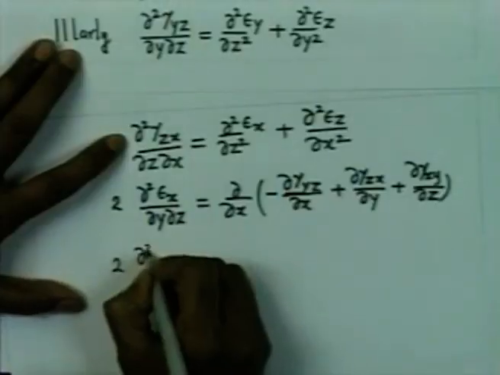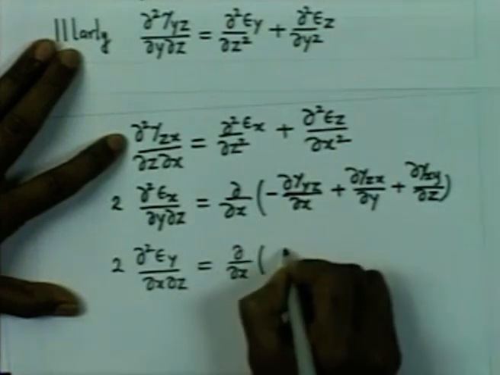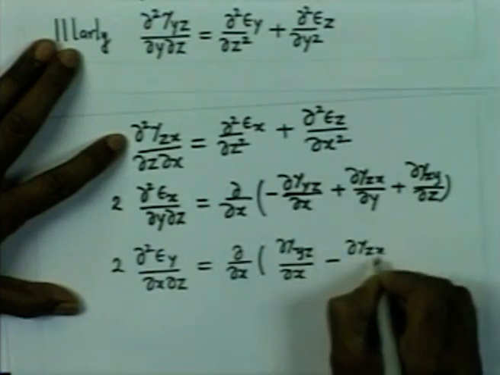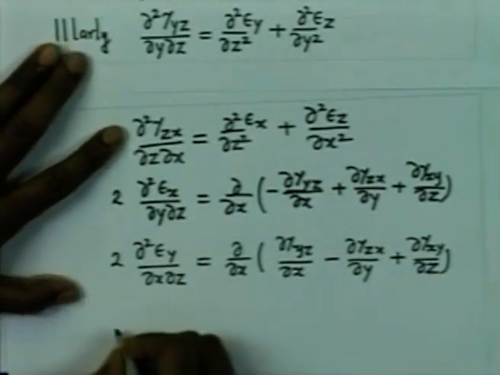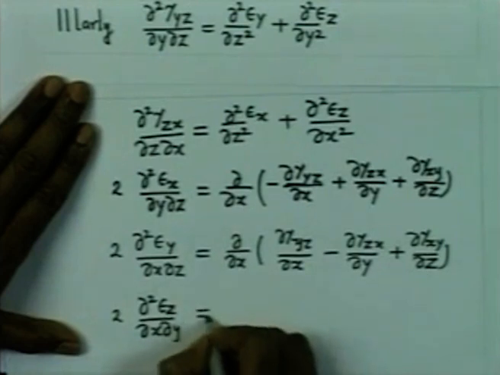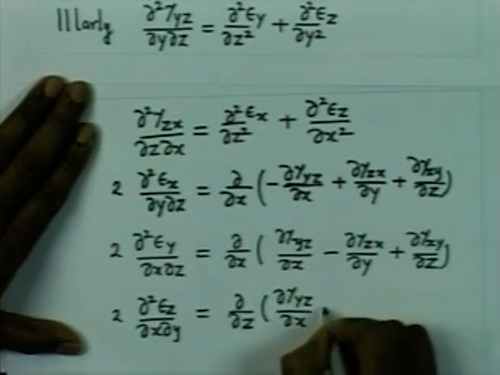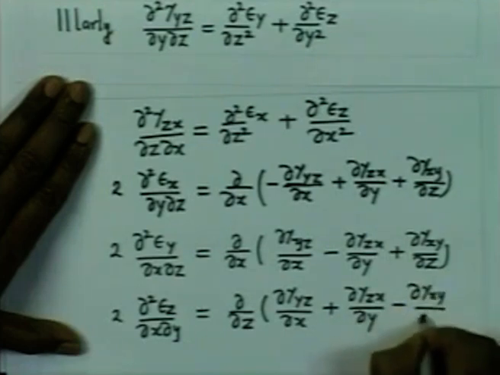So, this is another strain compatibility condition, and the other 2 which are of a similar type: delta 2 epsilon y by delta x delta z is equal to delta by delta y of delta gamma yz by delta x minus delta gamma zx by delta y plus delta gamma xy by delta z, and the last one, delta 2 epsilon z by delta x delta y is equal to delta by delta z of delta gamma yz by delta x plus delta gamma zx by delta y minus delta gamma xy by delta z.